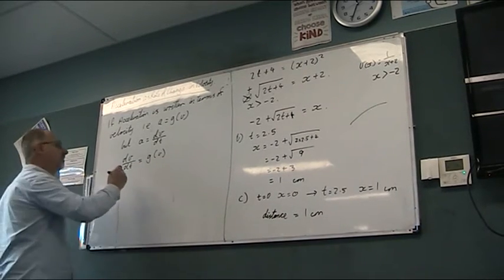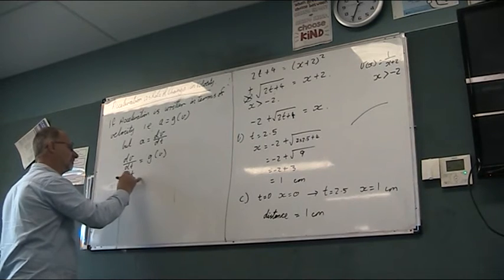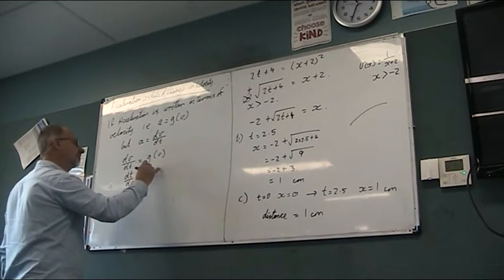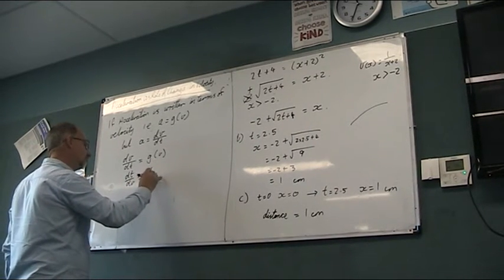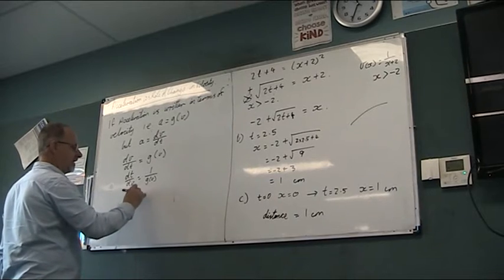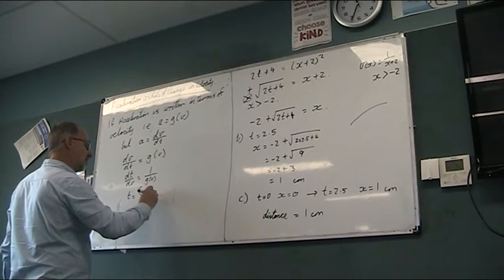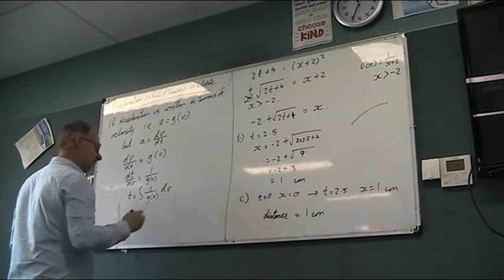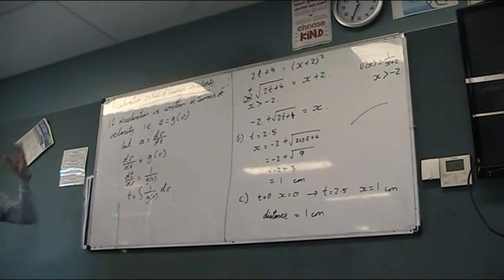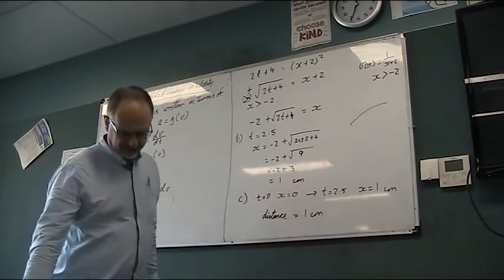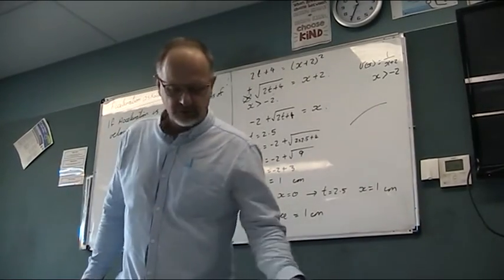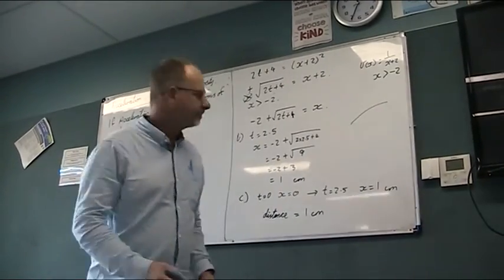So we need to flip. And so then anti-differentiate with respect to the velocity, and then if we need to, do what we did before and rearrange stuff. Alright, so let's have a look at an example.